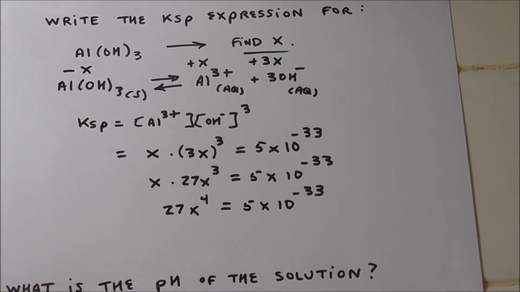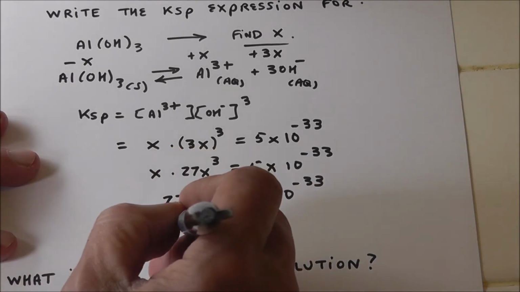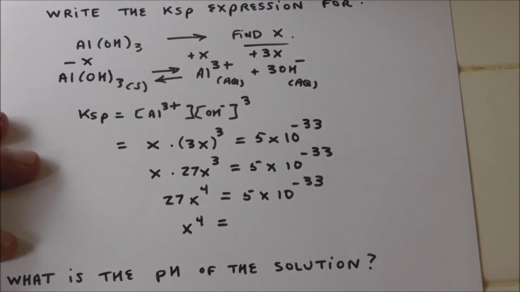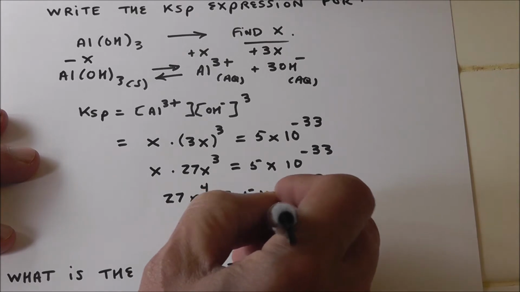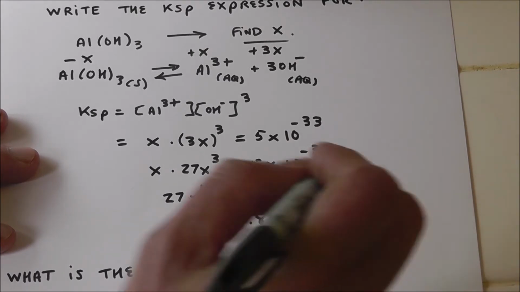Let's do a little bit of order of operations. Let's go and find x. That would be x to the 4th power, if I divide both sides by 27. On our calculator, 5 times 10 to the minus 33 divided by 27 is 1.85 times 10 to the minus 34.